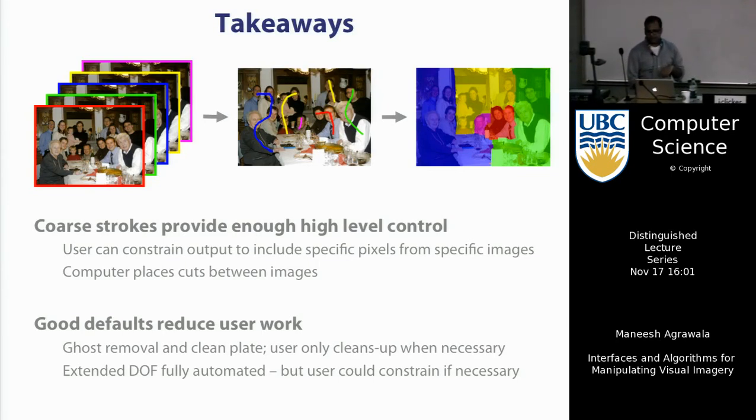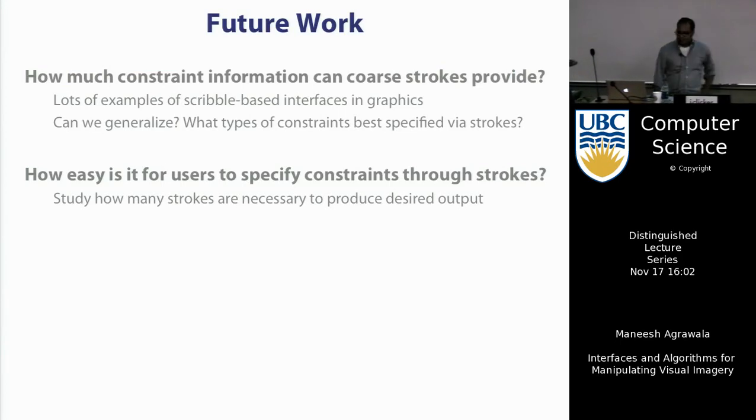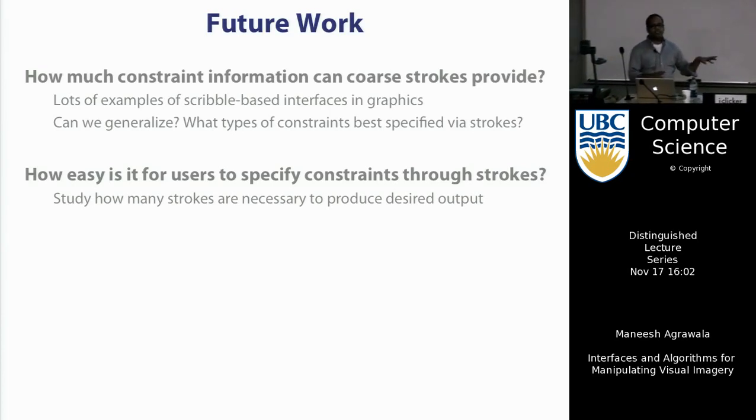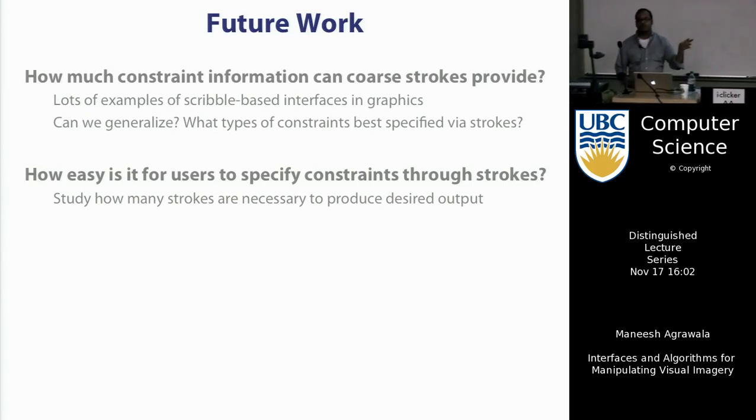Now there is some future work, I think, in this direction. And one of the things that I'm particularly interested in is how much constraint information these coarse strokes can provide. So photo montage is just one of many systems that's been designed to exploit what are called, by the graphics community, scribbles.